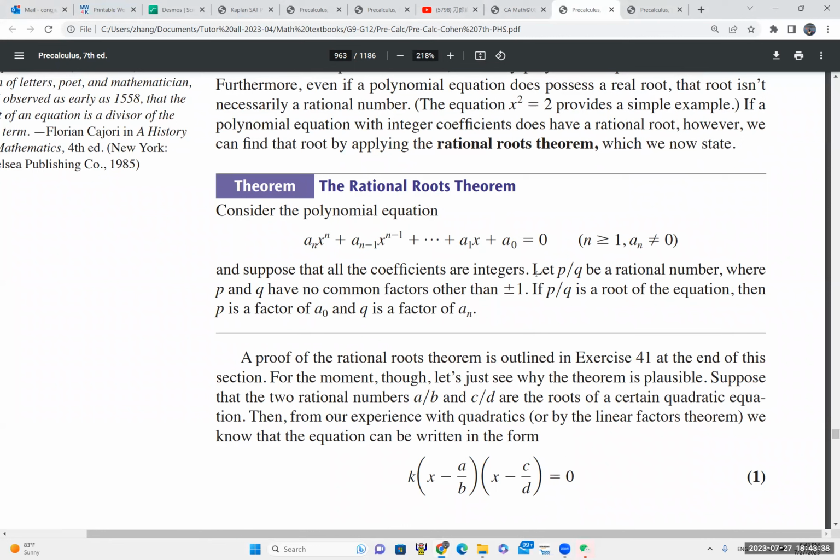All coefficients are integers. Let P over Q be a rational number, where P and Q have no common factor other than 1. If P over Q is a root of the equation, then P is a factor of A0 and Q is a factor of An, right?